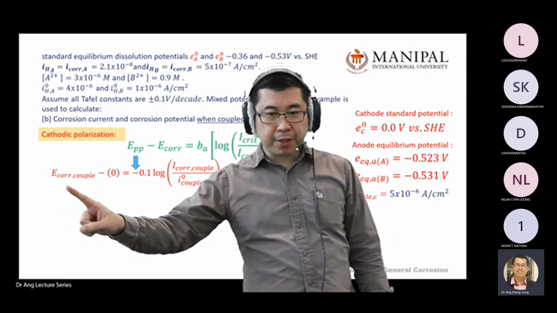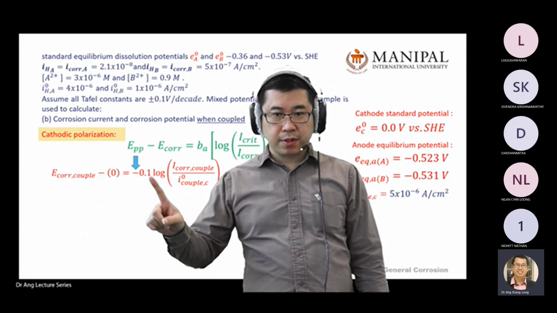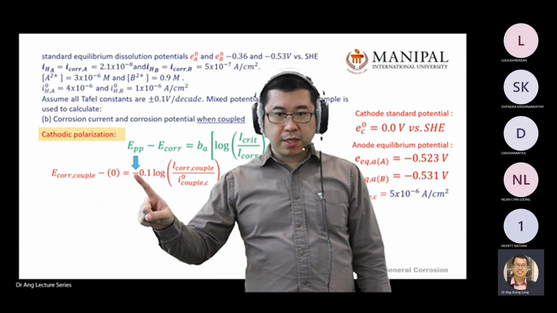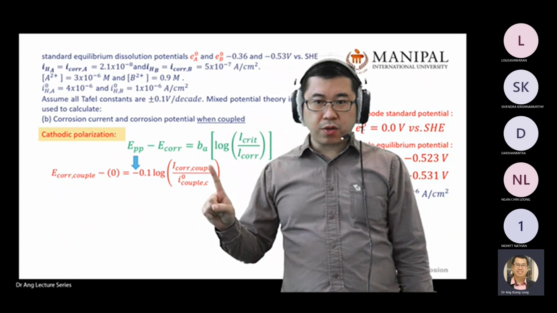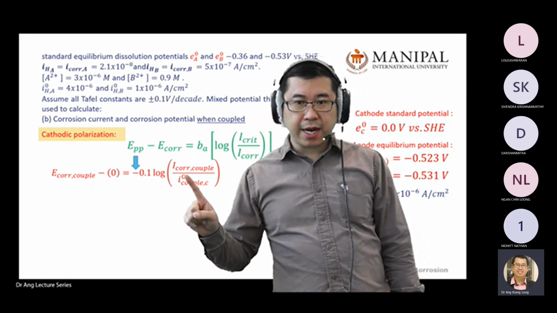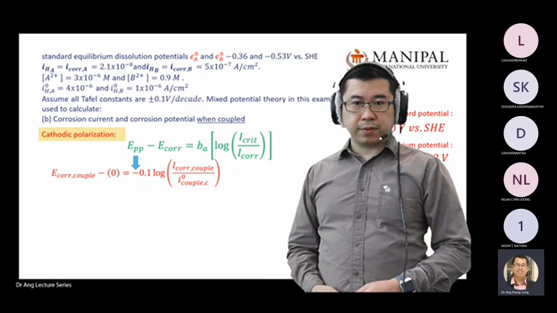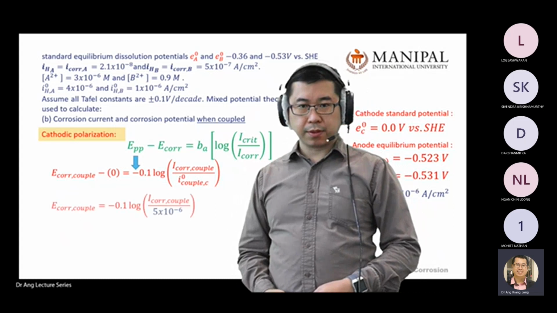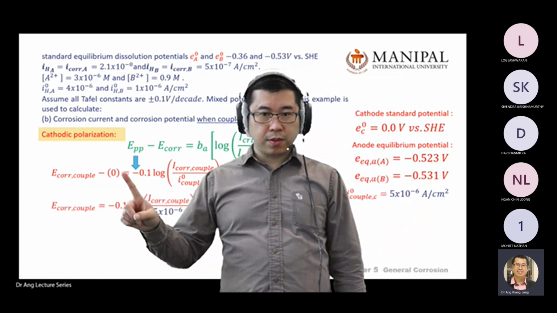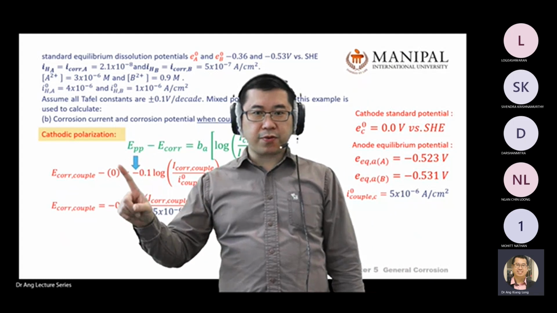E corrosion coupled equal to 0, equal to negative 0.1 log I corrode coupled over I not coupled. So, why is the potential 0 for cathode?